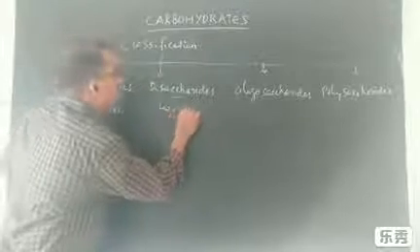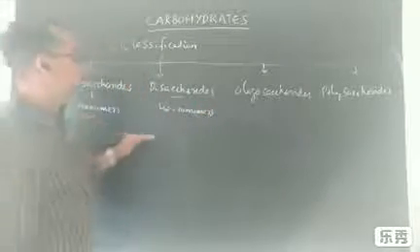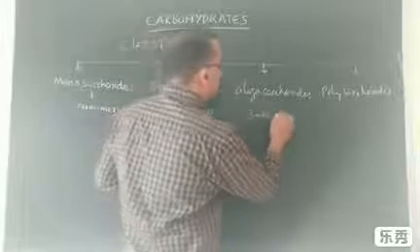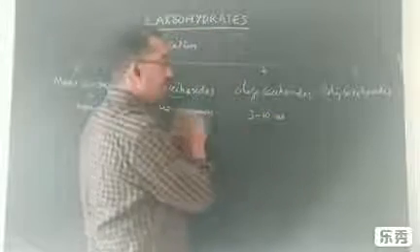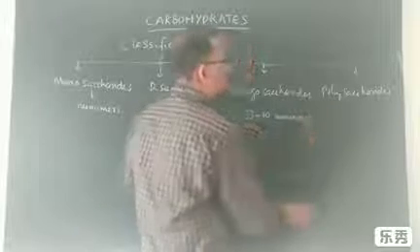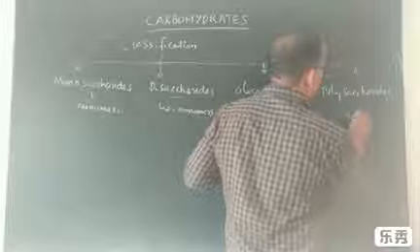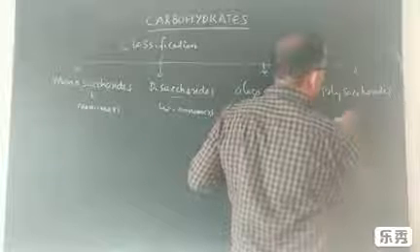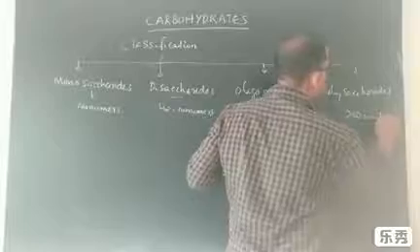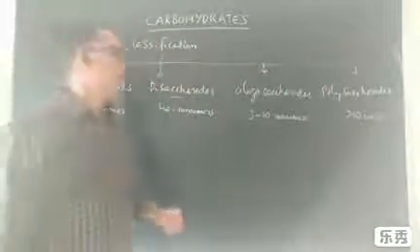Oligosaccharides contain 3 to 10 monosaccharides or monomeric units. Polysaccharides contain more than 10 units.